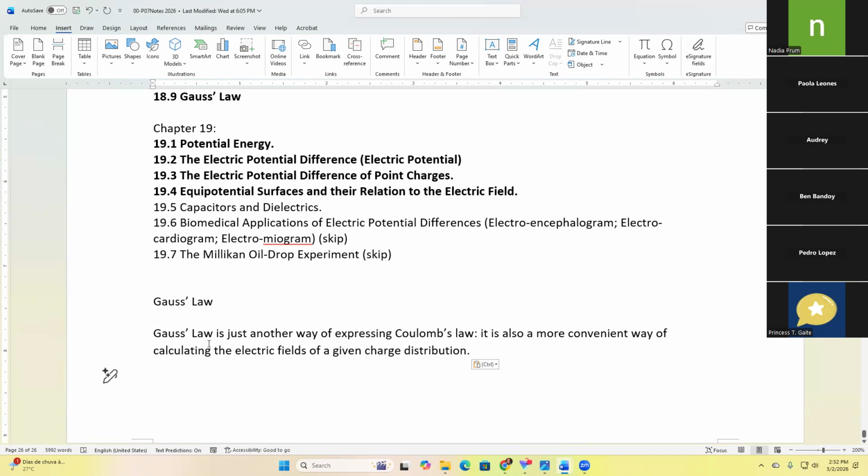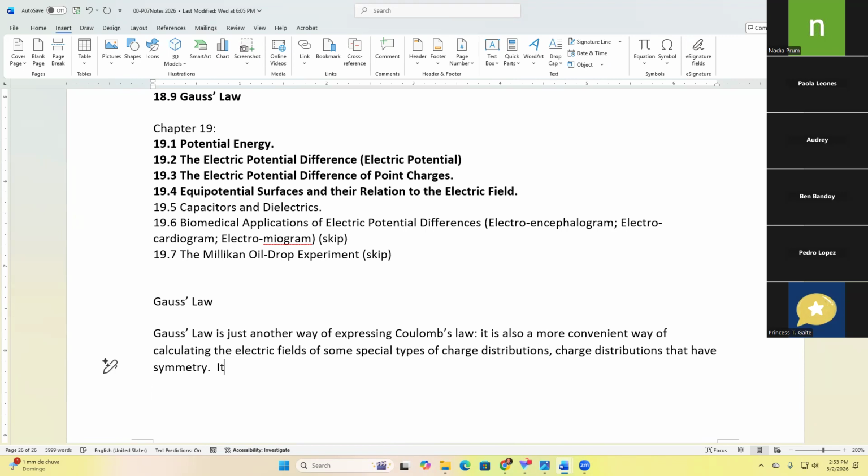It's also a more convenient way of calculating the electric fields of some special types of charge distributions, charge distributions that have symmetry. That's what Gauss's law is all about.